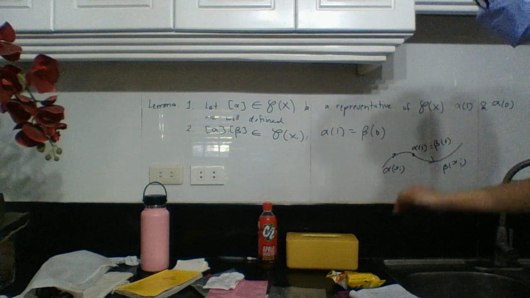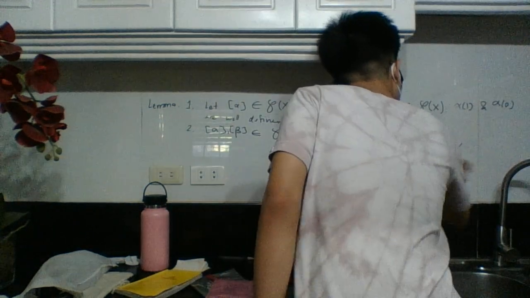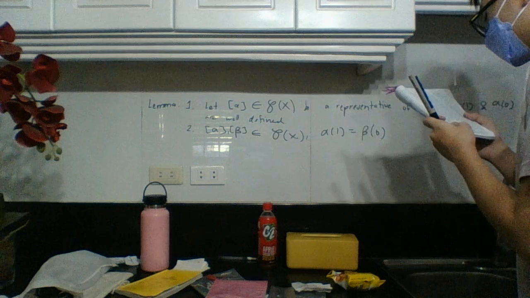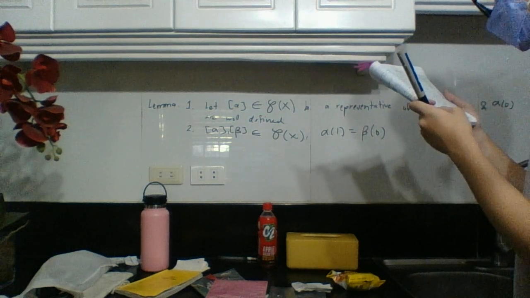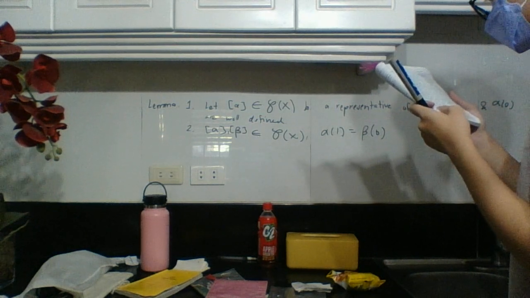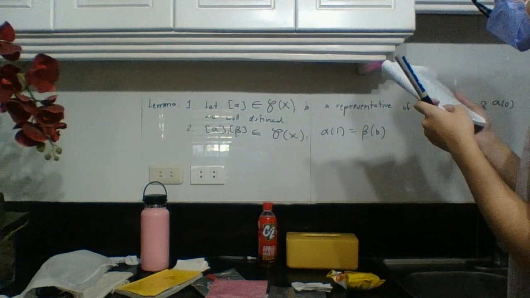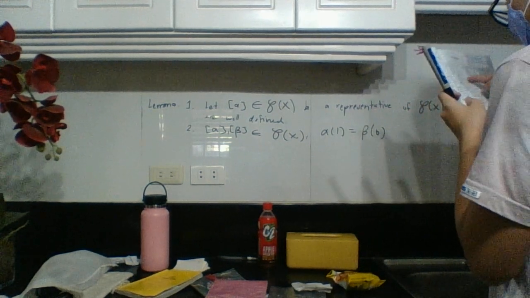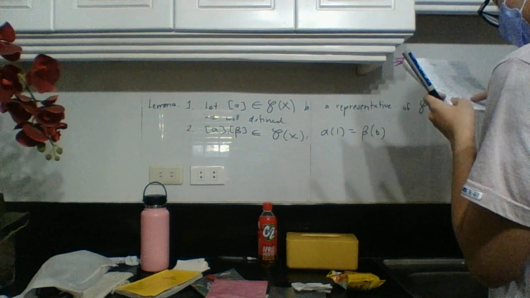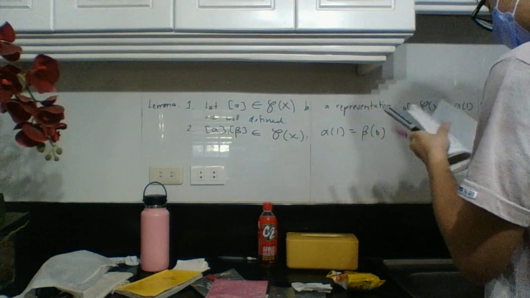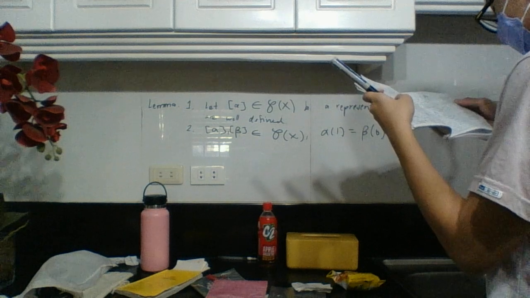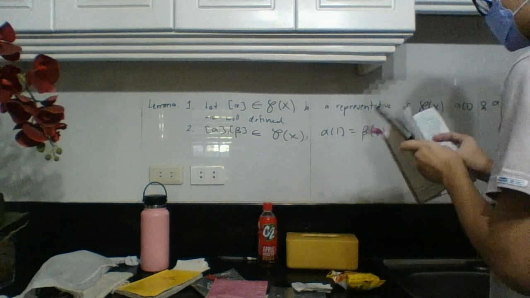Yeah, so this is the visualization of it. You can also think of it as a loop, but think of it as connected paths. Okay, so given this composition, let's call the composition of these two a concatenation.